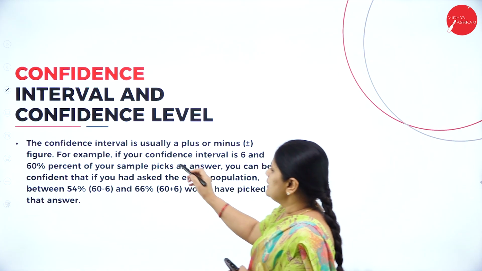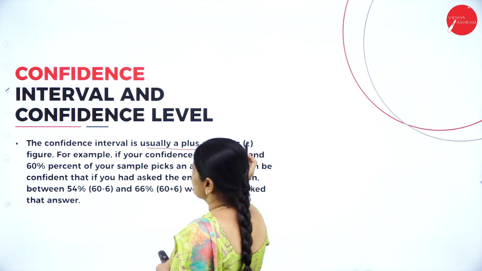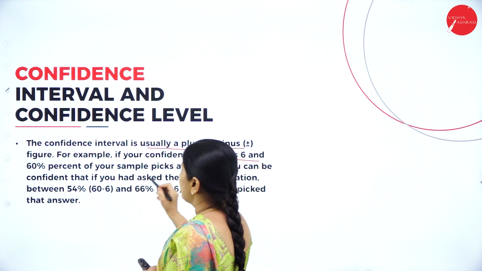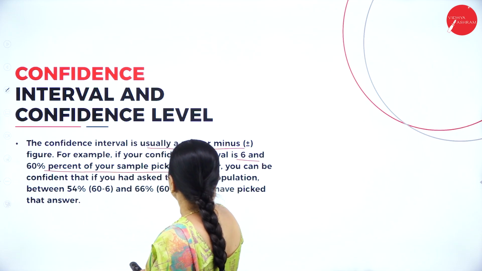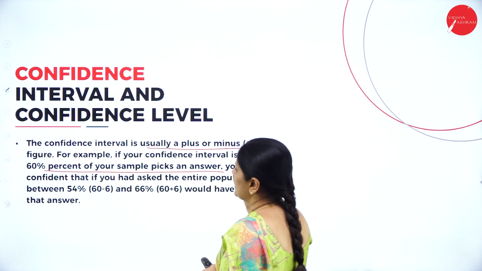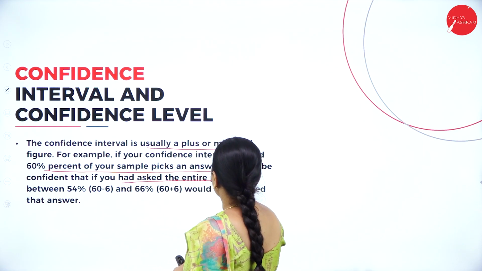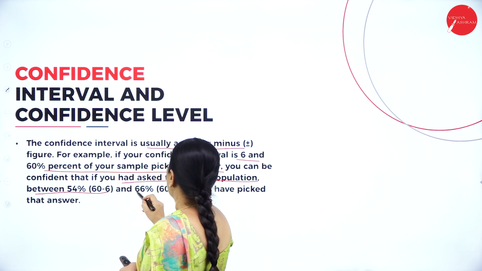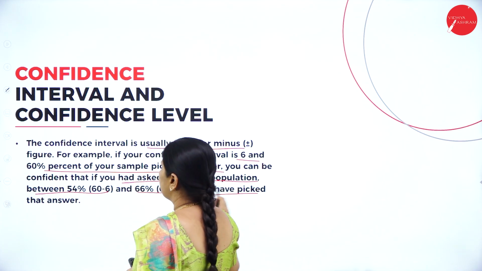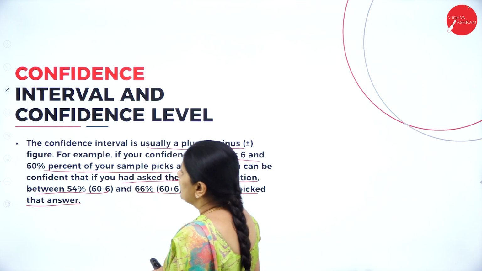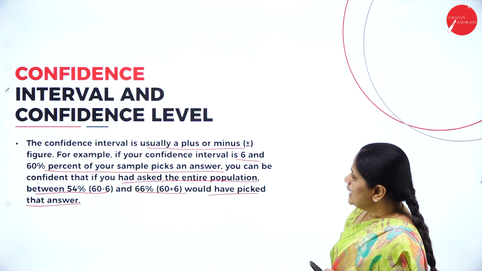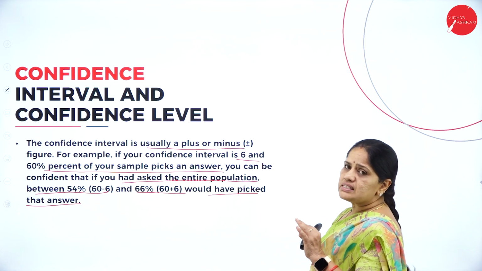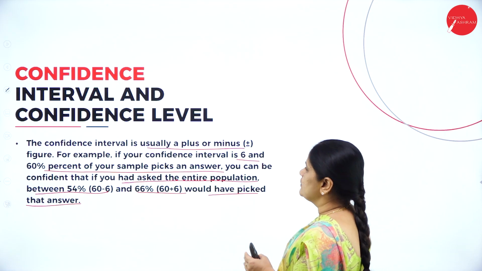Next, the confidence interval is usually a plus or a minus figure. For example, if your confidence interval is 6 and 60% of your sample picks an answer, then you can be confident that if you had asked the entire population, between 54% and 66% would have picked that answer. So, the confidence interval will be a positive or a negative number.